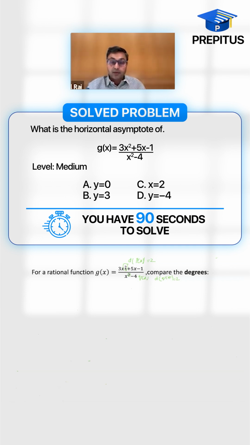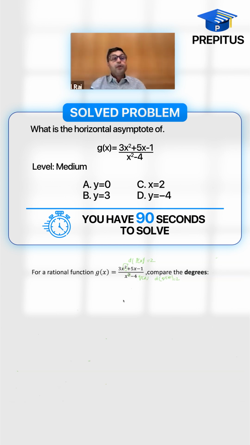Here the degree of the numerator is 2 and the degree of the denominator is 2, so they are equal. There is a second definition of the horizontal asymptote for that. And then there is a third category, when the degree of the denominator is greater than the degree of the numerator. That will be the third case, and for that case there is a different definition.